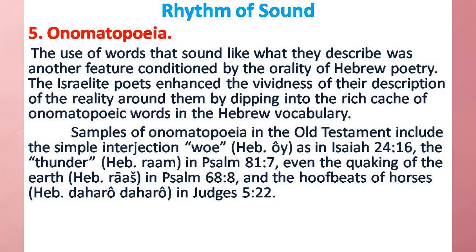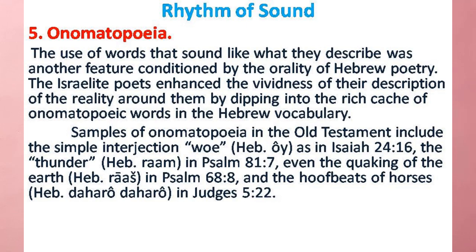Samples of onomatopoeia in the Old Testament include the interjection woe, in Hebrew, oy. Oy is a warning sound in Hebrew. In English, it can be translated woe, as in Isaiah chapter 24 verse 16. For thunder, the word used in Hebrew is ra'am. So that gives me a picture of thunder, as in Psalms 81 verse 7.